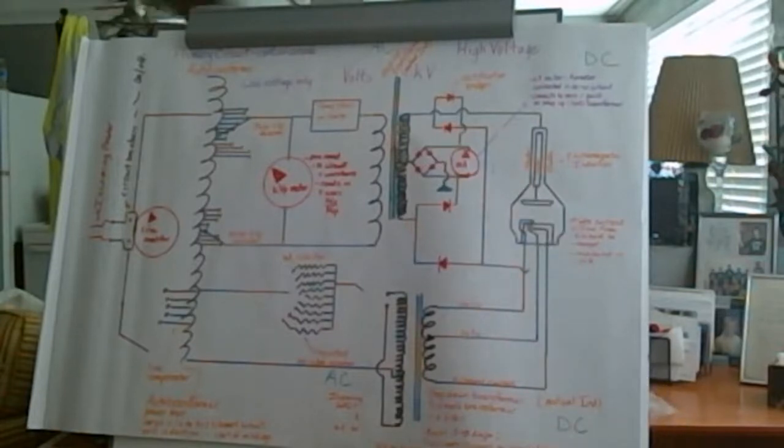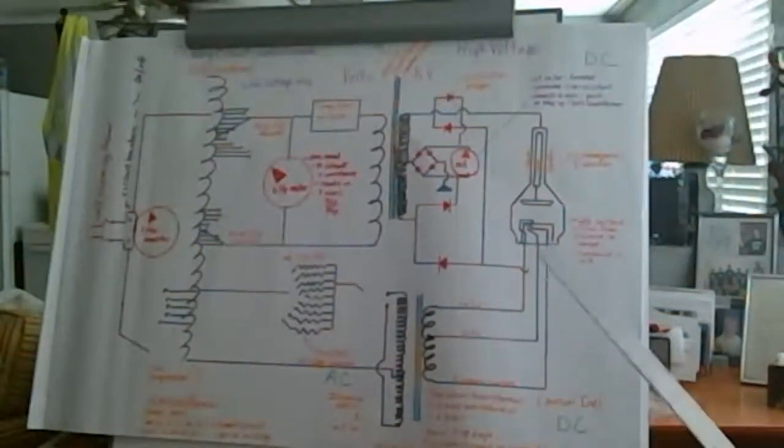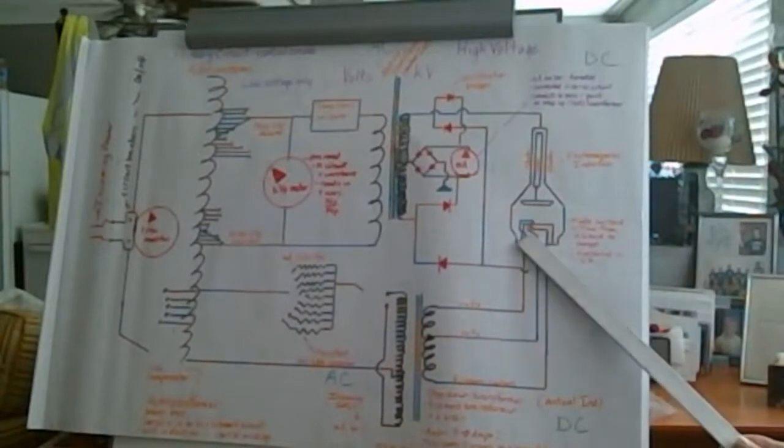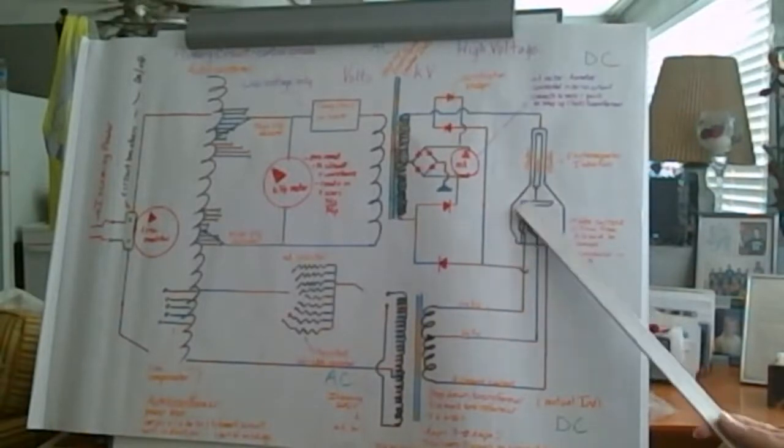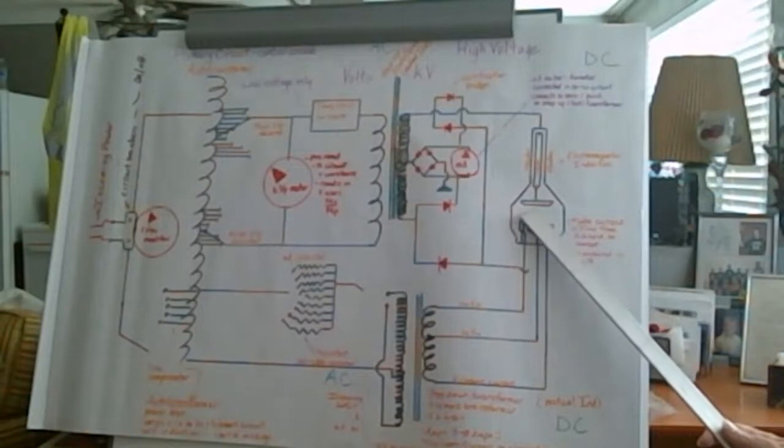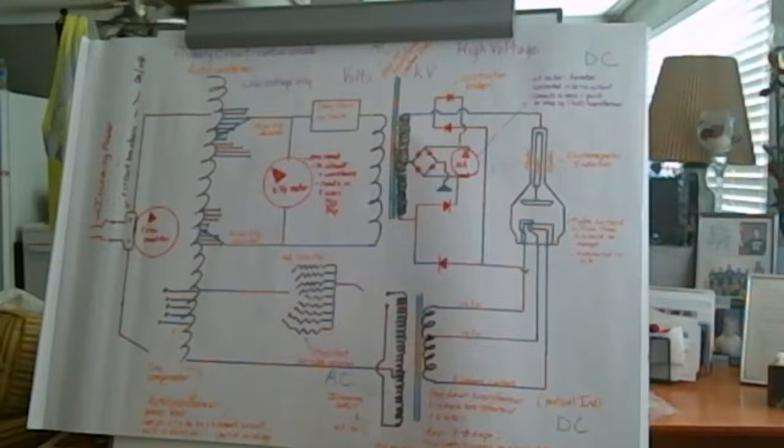So it's important that you differentiate between filament current, which is in amperes, and tube current, those projectile electrons that are sent across, speeding across the tube at half the speed of light to crash into the anode and interact with the anode and actually produce X-rays. That's measured in milliamperes. Tube current only exists at the time of exposure. That's the only time we have tube current.